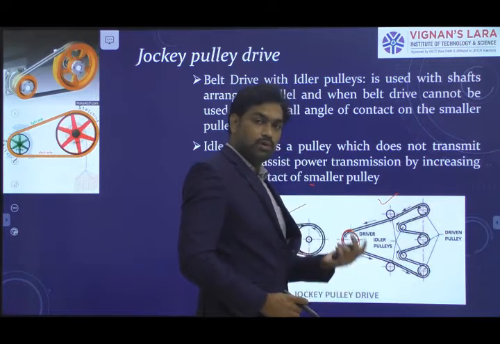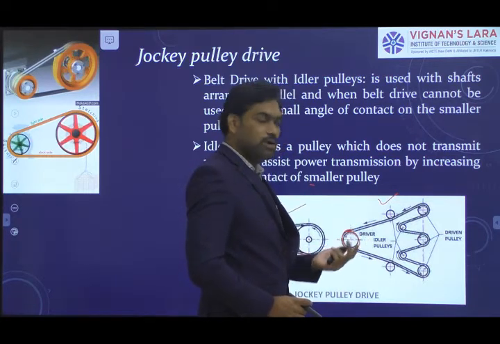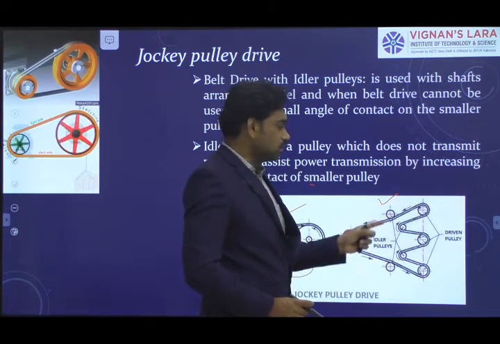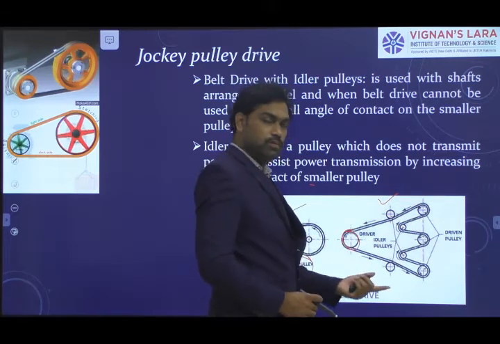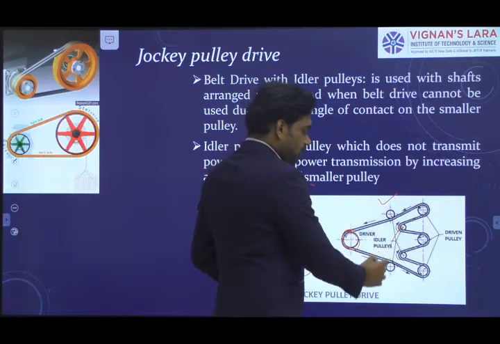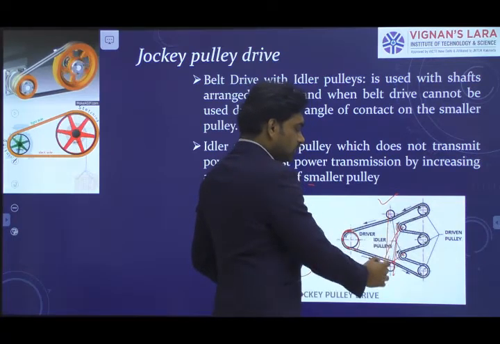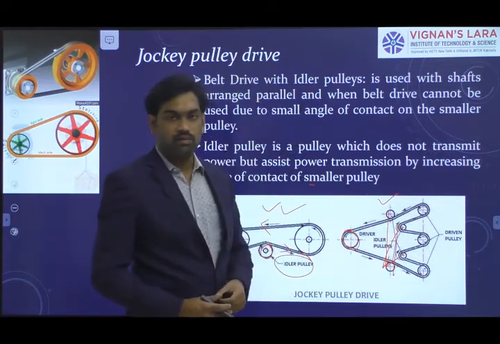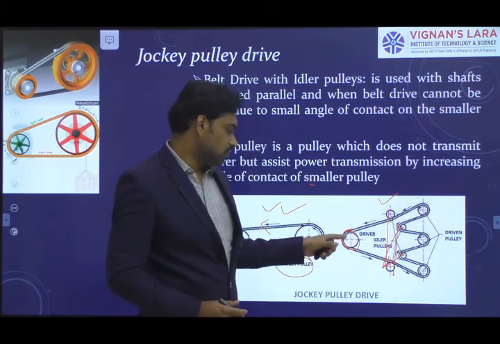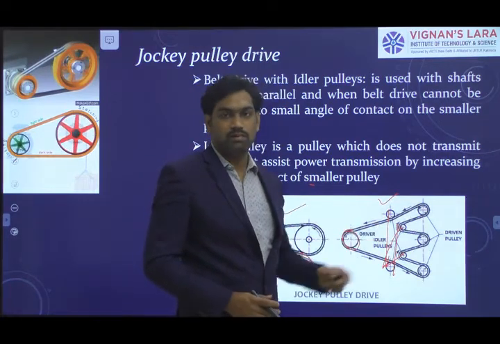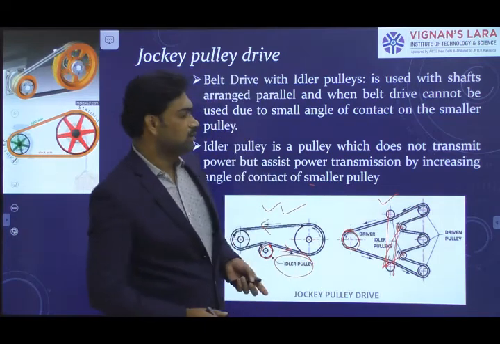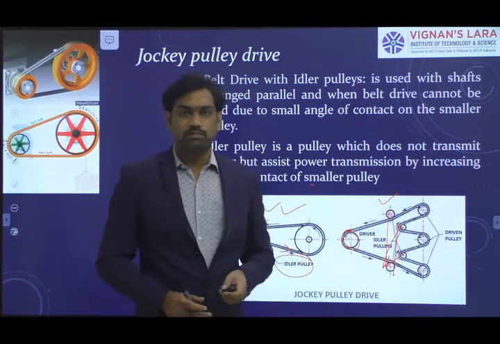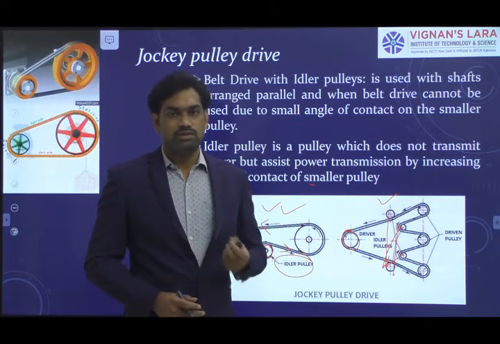To promote the proper arc of contact or angle of contact upon the surfaces of the three or multiple pulleys, we can provide idler pulleys here, so that the power can be transmitted from one driving member to multiple driven members. That is the main advantage of the idler pulleys, or the pulley drive with jockey pulleys.